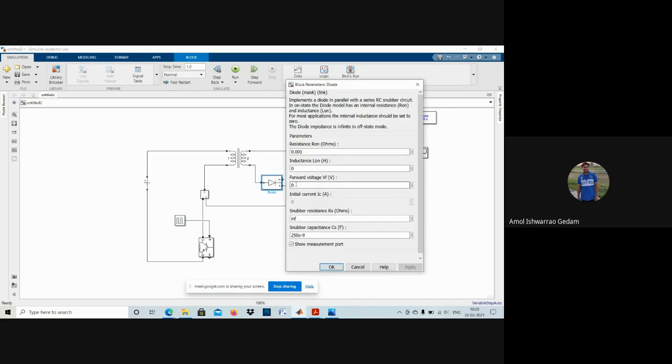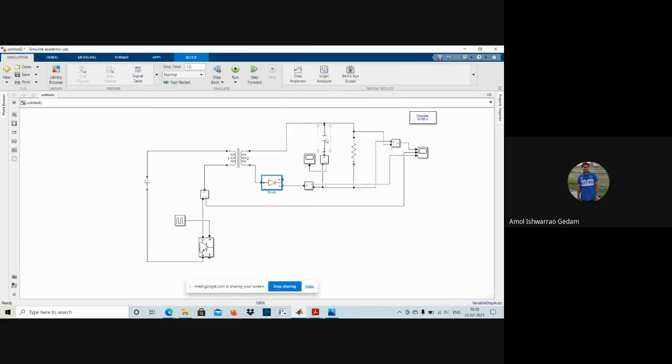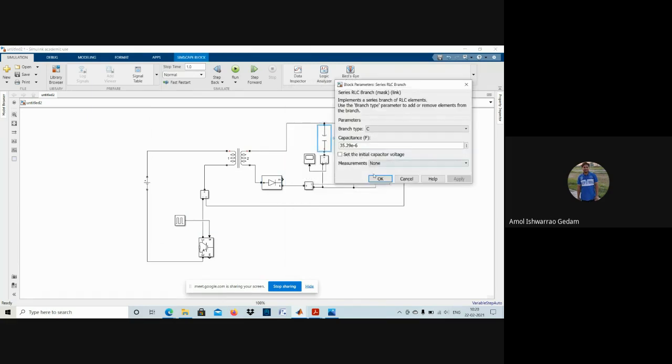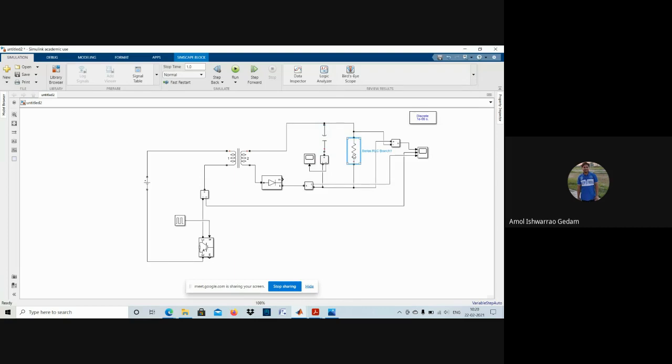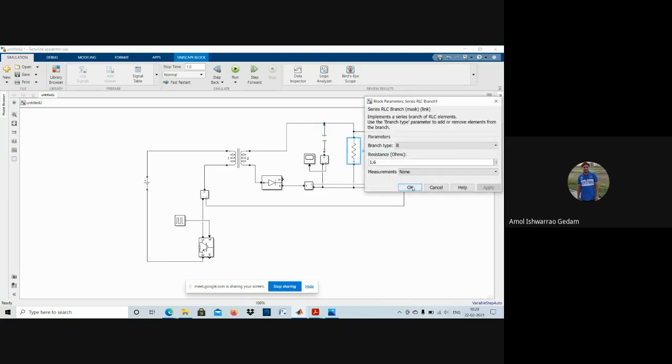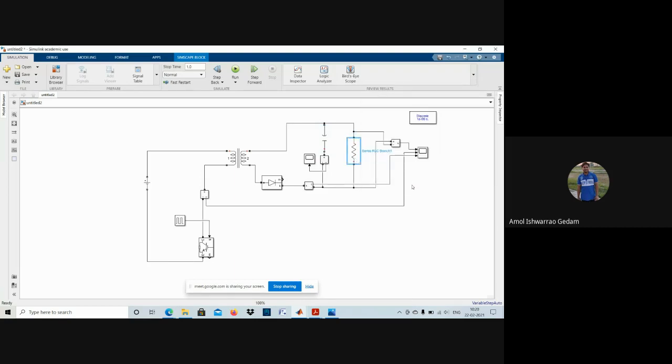This diode I have kept as an ideal diode. Forward voltage drop will be 0 volt, and this is the capacitor. We have calculated, and this is the resistance according to the power. So now we will simulate.